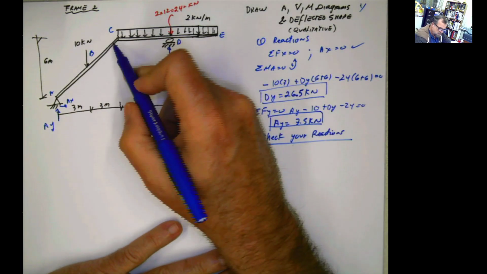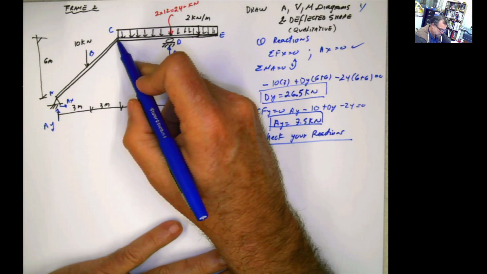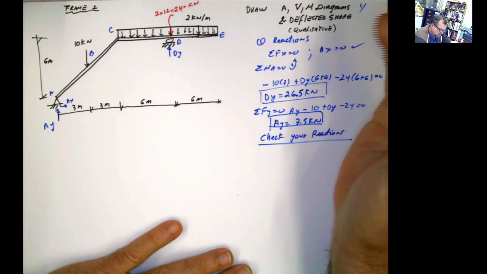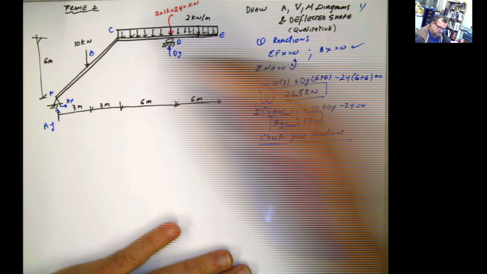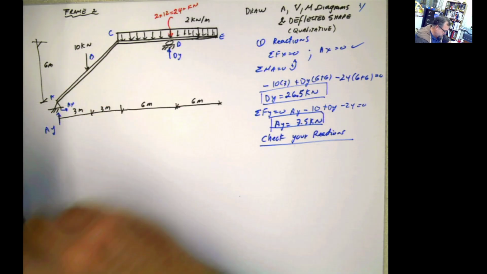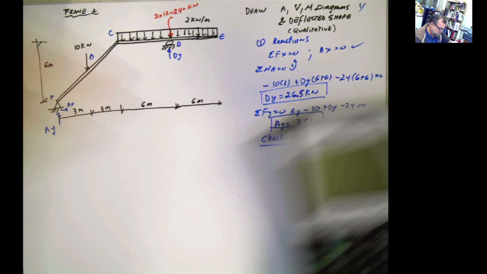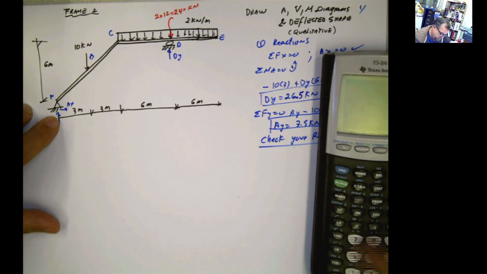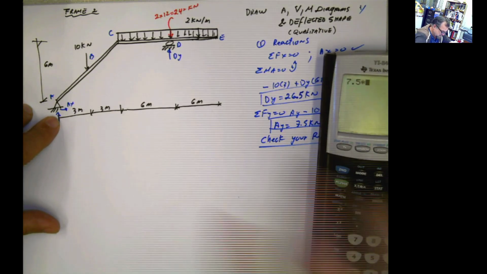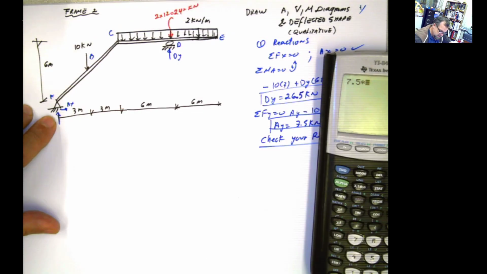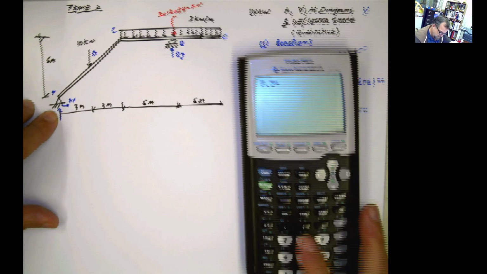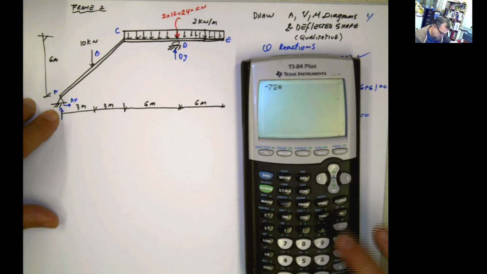You can do summation of moments at point C, for example, and put every single value that you have over there. So if I do summation of moments at C, I have AY 7.5 times negative 6.